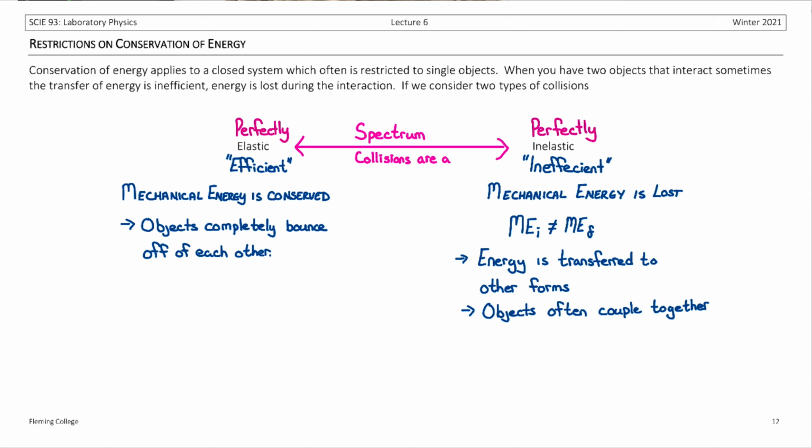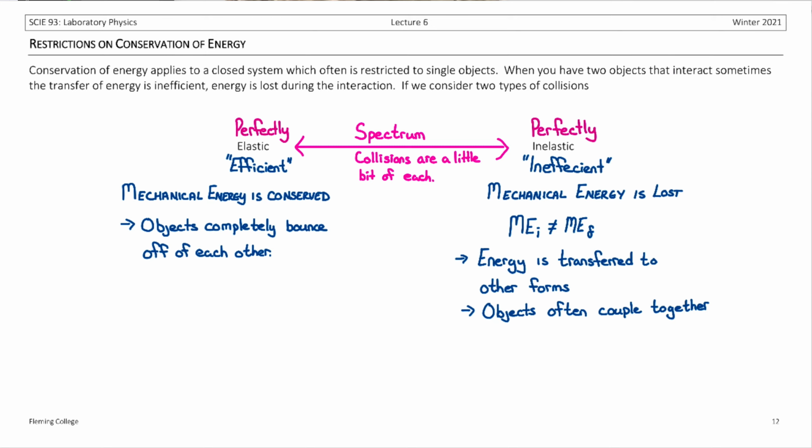For our course, you'll be told whether or not a collision is elastic or inelastic, and then you will work from there. So in an elastic collision, you can use the conservation of energy to solve for missing values, but in inelastic problems, you cannot use the conservation of energy to solve for missing values.